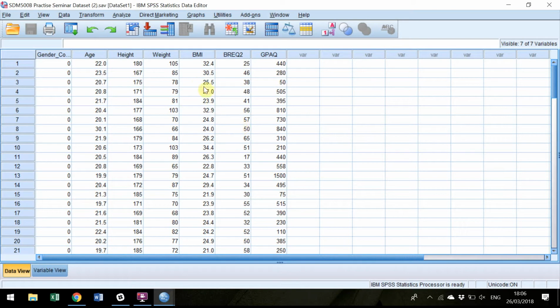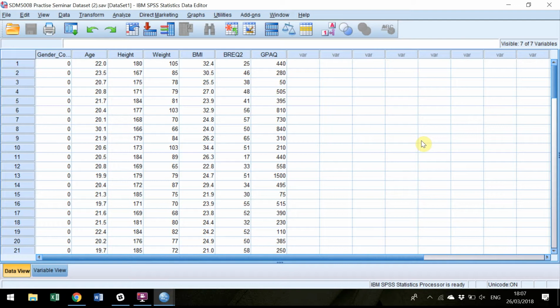Do I mean positive? No, I mean a negative correlation. As BMI reduces, then I would expect motivation to go up. So I would expect to find a negative correlation, but I'd expect that to be quite strong. The null hypothesis, which is always the one that we test when we're doing statistics, would be there would be no correlation. So I'd proceed on that basis.